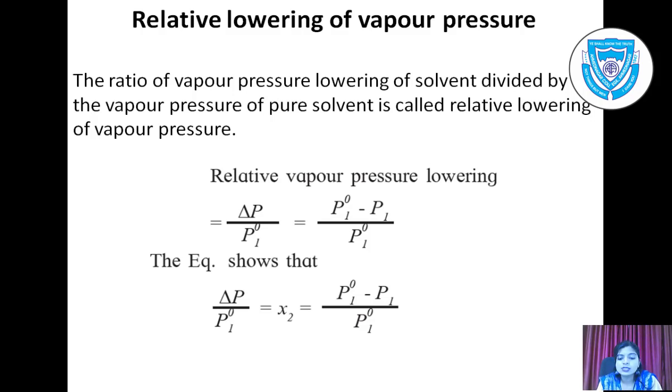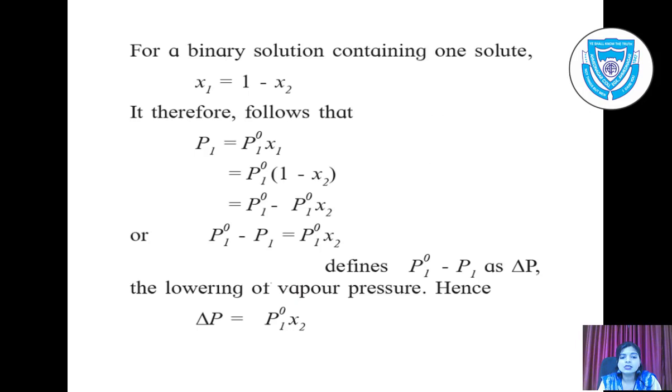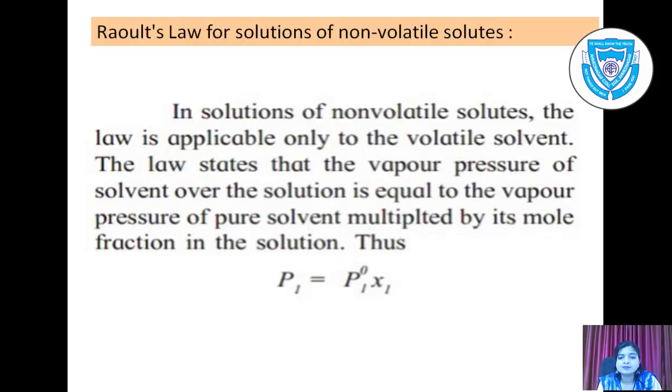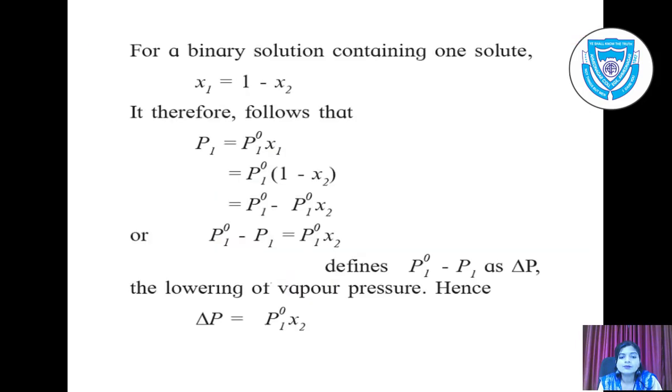In the previous equation we saw that delta P is equal to P01 into X2. So delta P divided by P01 is equal to X2.